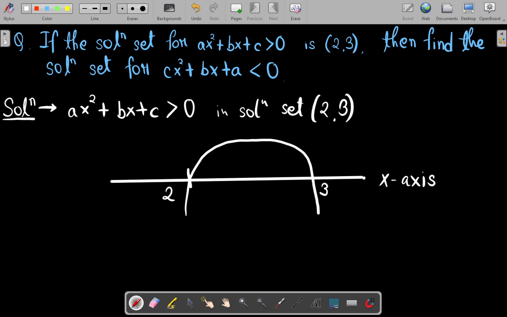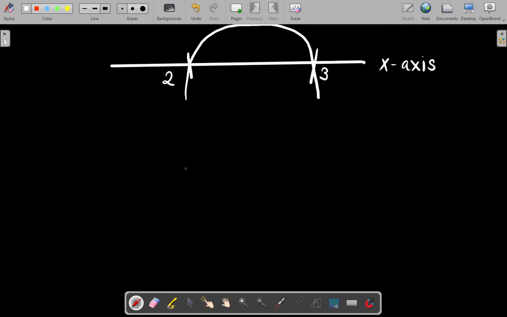Okay, so if I write this and this as 2 and 3, then we see that the curve is 0 at 2 and 3, right?